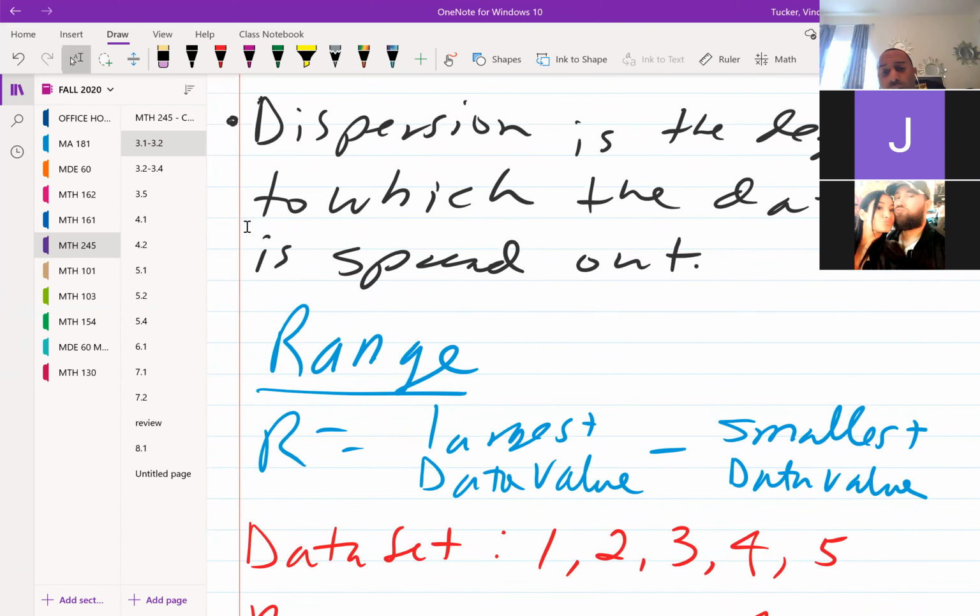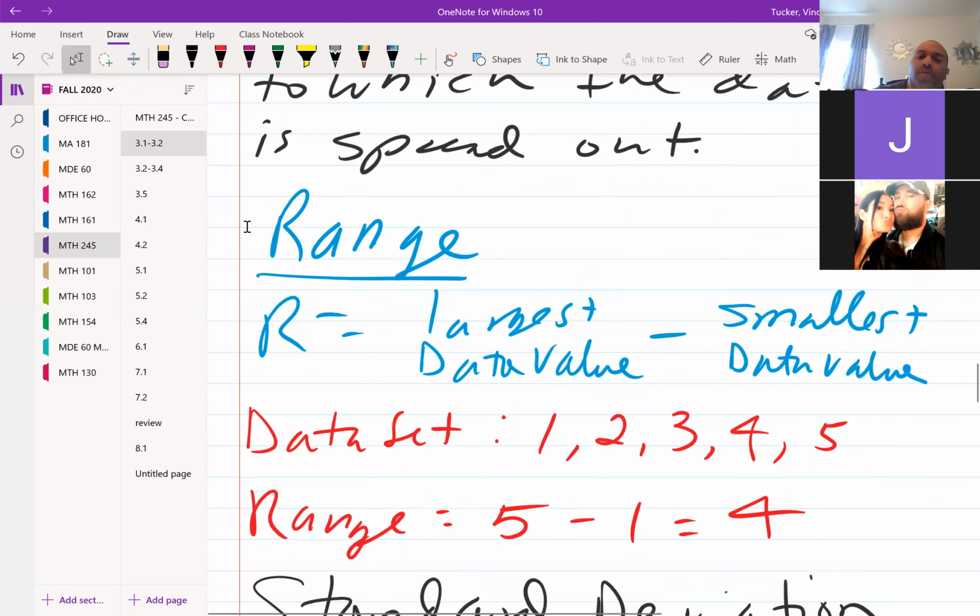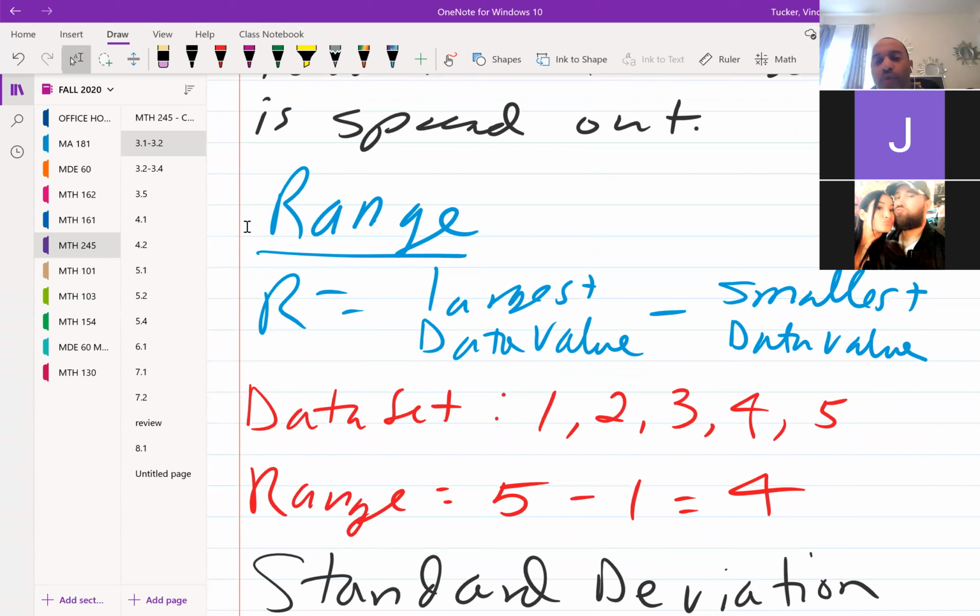You have your largest data value minus the smallest data value. So if I have 1, 2, 3, 4, 5, I would take 5 and subtract 1 from it, and that would be 4. That's how you would find your range.